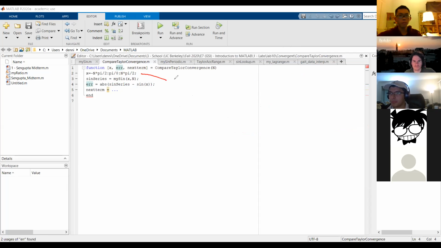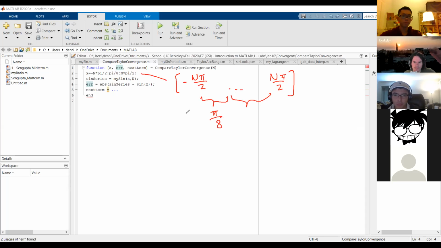So this over here, as stated in the PDF, you're going to start from n pi over 2 dot dot dot n pi over 2. How big this vector is depends on what your n is. And the increments, I'll use this to specify increments, are pi over 8. Here's the start, here's the end.